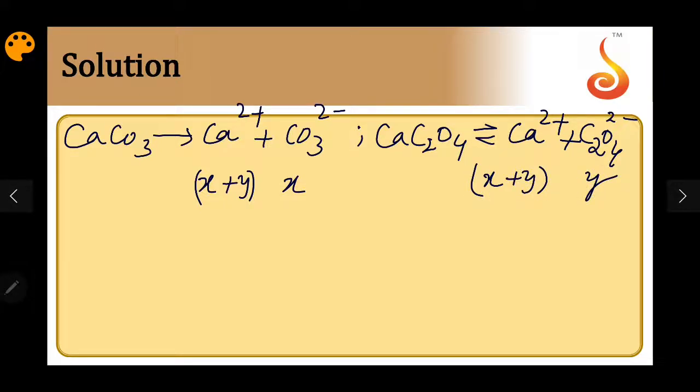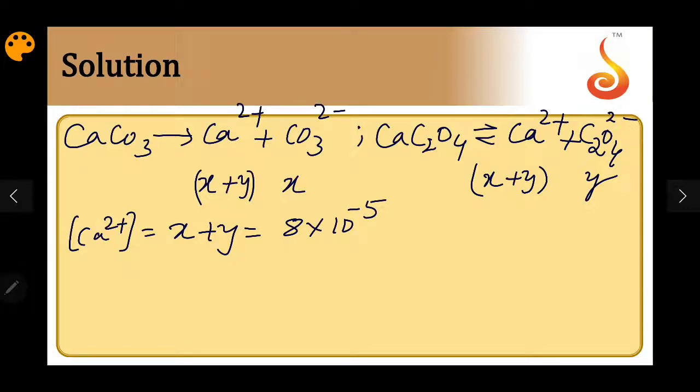So we know the common calcium ion concentration is nothing but X plus Y, which is given as 8 × 10^-5. And if you divide the Ksp values of both, the calcium concentration cancels out, and I get X by Y as 3.